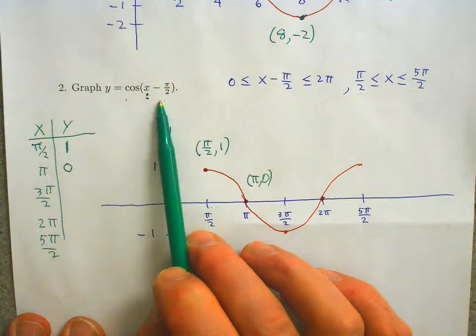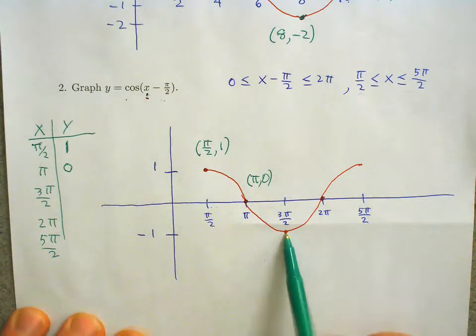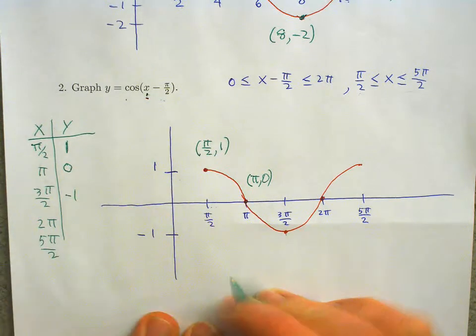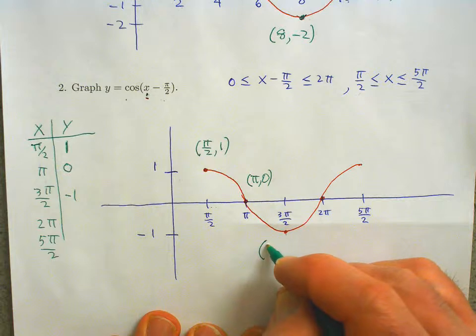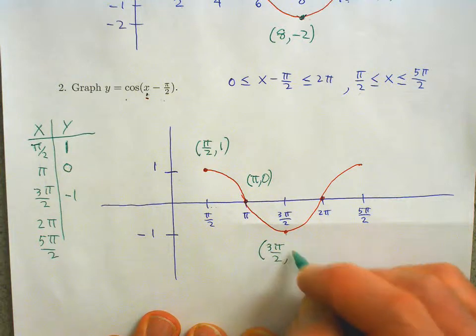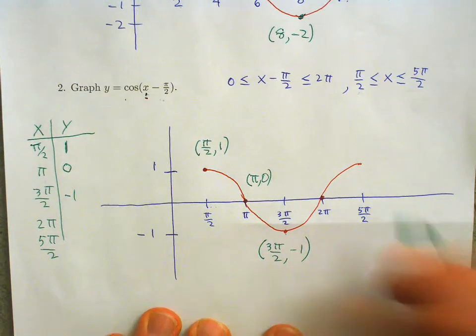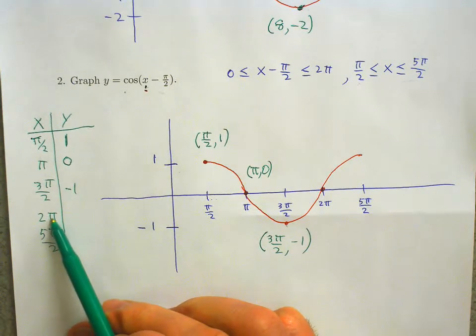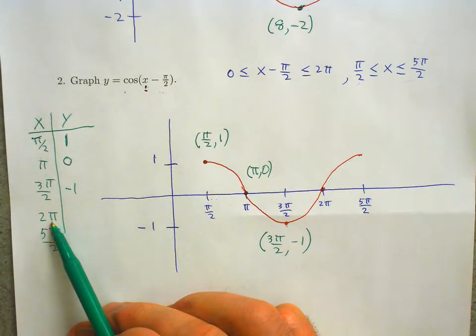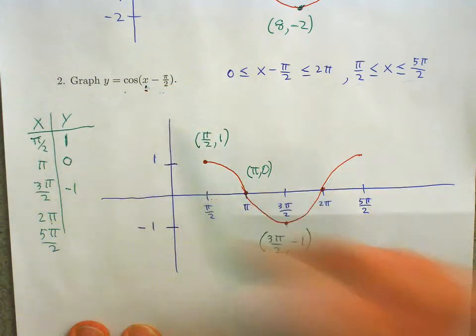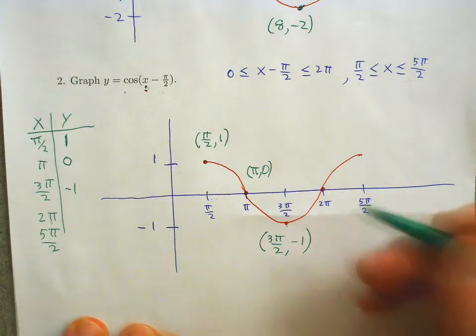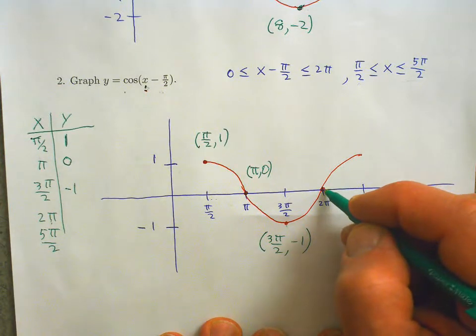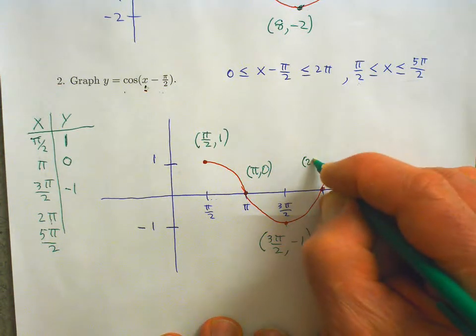Cosine of pi is negative 1, and that's what we get on the graph. The x-coordinate 3 pi over 2, the y-coordinate negative 1. And so on. When x is 2 pi, minus pi over 2 is 3 pi over 2. The cosine of that is 0, so we get 2 pi, 0.